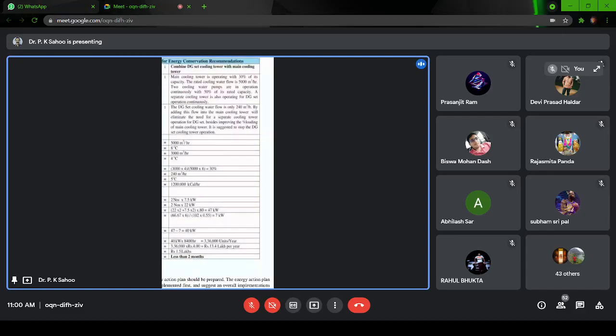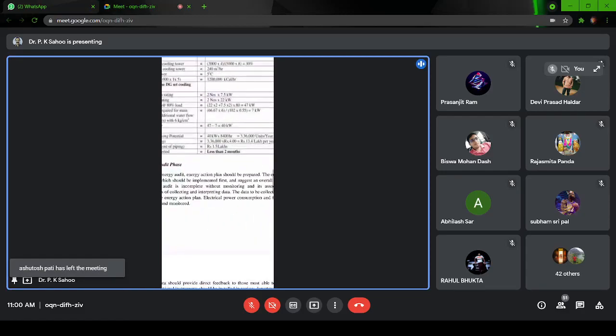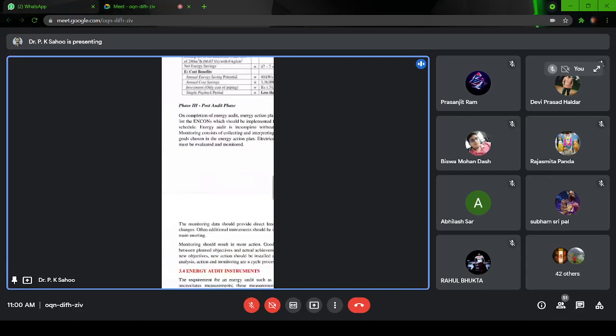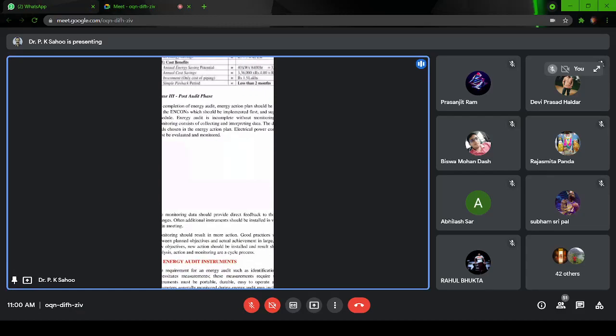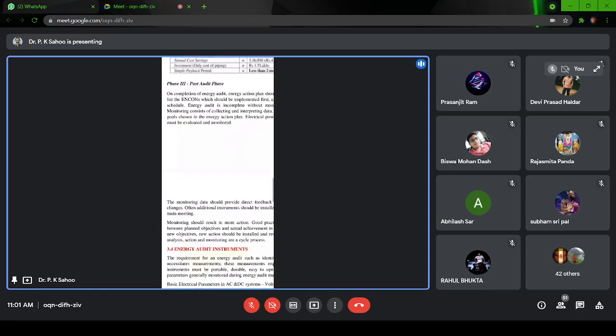Two cooling water pumps are in operation continuously at 50% of their rated capacity. Okay, so this is one given problem. You see, the answer is already here. So what changes here? You just read it and you can write this in your paper. Okay, so you calculate yourself. So this is one example.